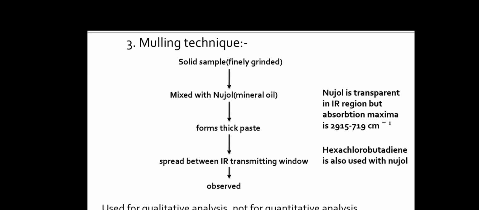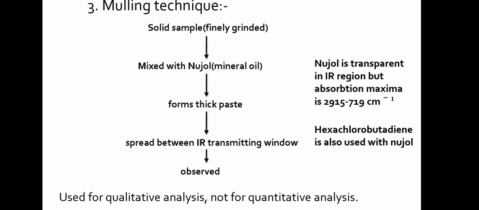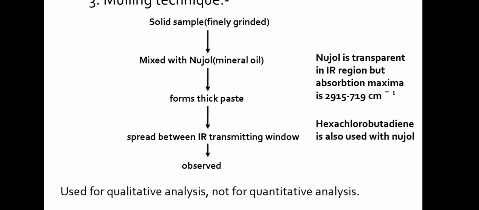The third type of technique for sampling of solids is the mulling technique, which is the most popular, in which Nujol or mineral oil is used. In this, the procedure starts from grinding of the solid sample, then mixing it with Nujol, which is mineral oil, and this forms a thick paste. And this thick paste is spread between the IR transmitting windows, and the observation is done.